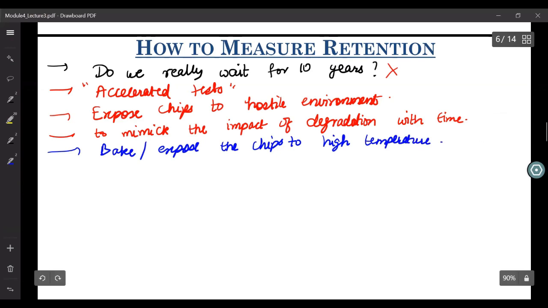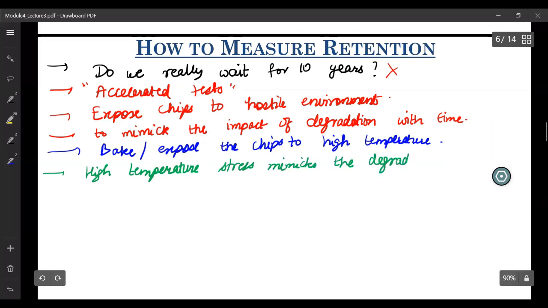High temperatures stress your devices, and that high temperature stress mimics the degradation that one may observe if you leave the device for a large duration of time, or degradation over time.